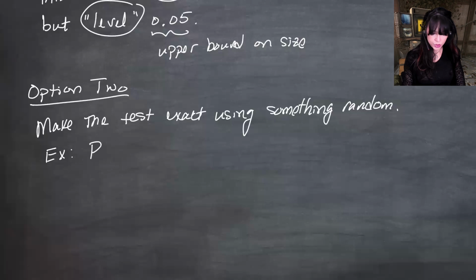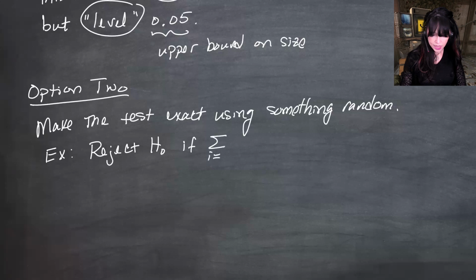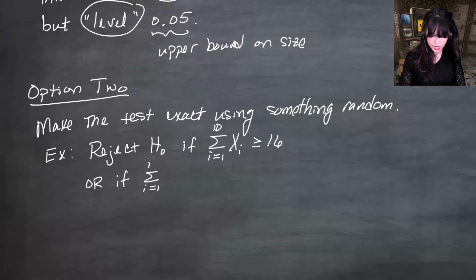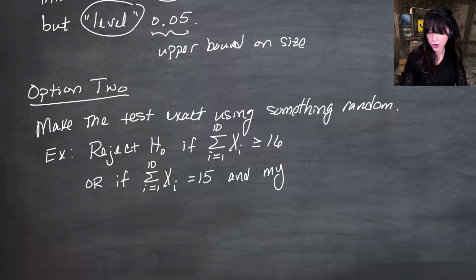You might say, I'm going to reject the null hypothesis in favor of the alternative if the sum as i goes from 1 to 10 of the xi is greater than or equal to 16, or I'm going to reject if the sum as i goes from 1 to 10 of the xi is equal to 15 and my strange coin comes up heads.